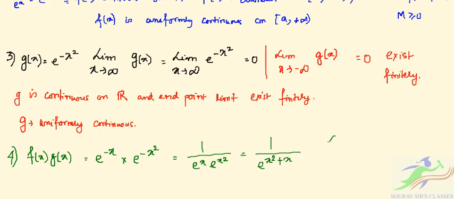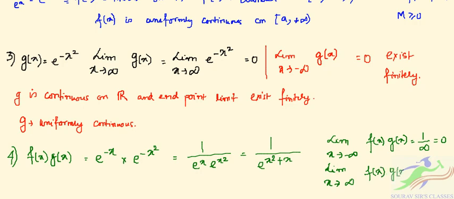Now as the limit x tends to minus infinity, f(x)g(x) is 1 by infinity, so it will be 0, and as x tends to infinity, f(x)g(x) is also equal to 0.